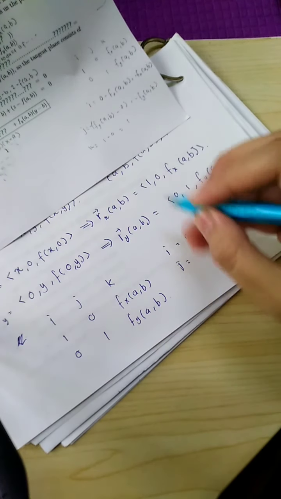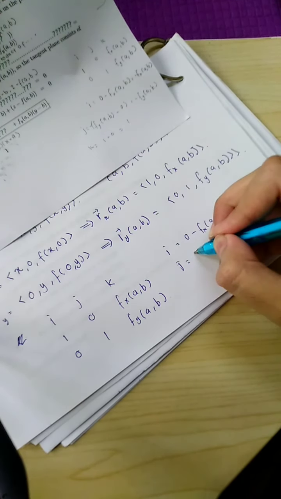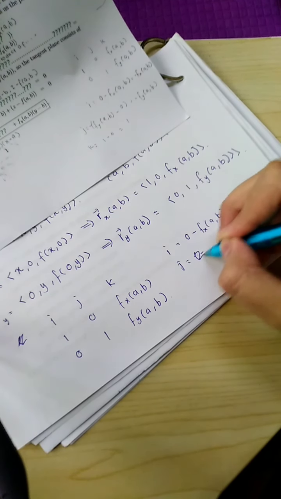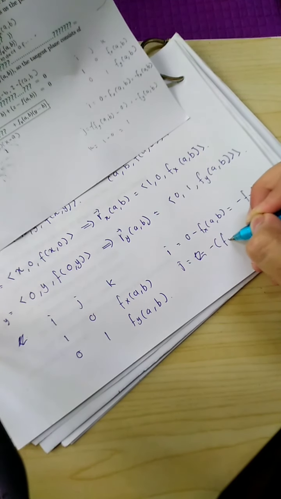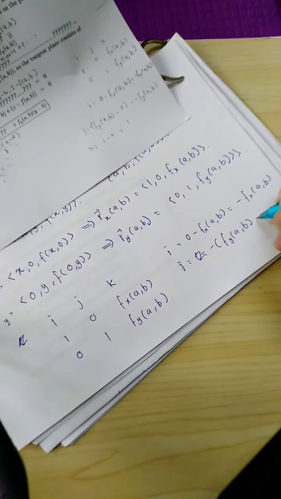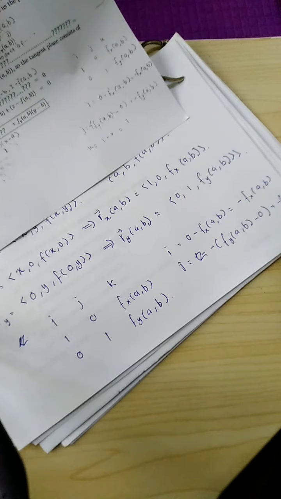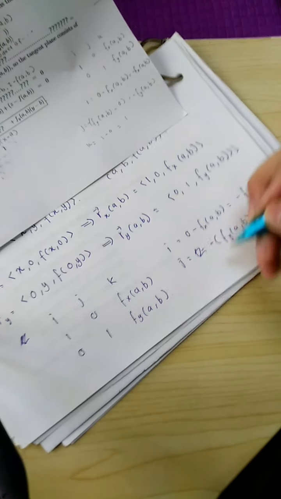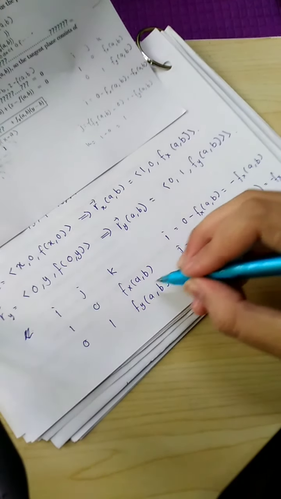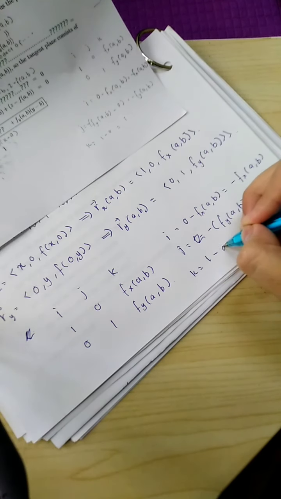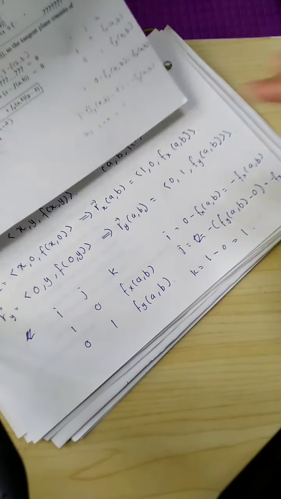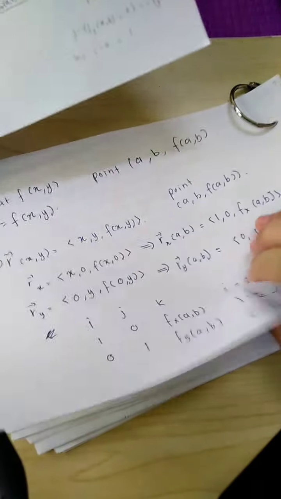For j, we will have negative of f y of a, b minus 0, and we will have negative f y of a, b. And for k, we will have 1 minus 0. We can have 1.